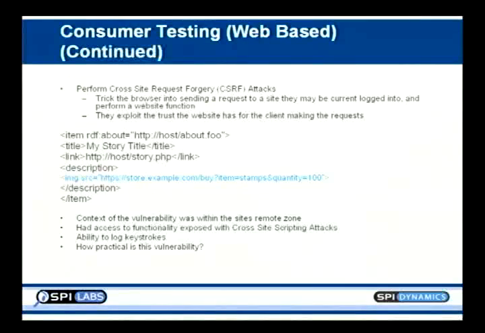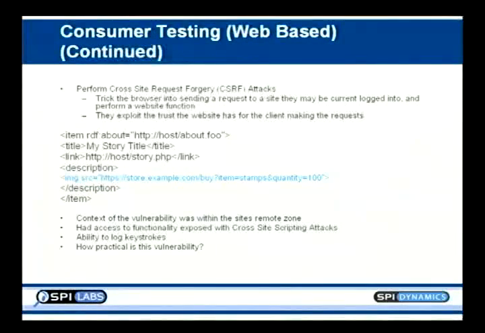So one of the things that's really starting to pick up this year that people are starting to talk about is cross-site request forgery. In a nutshell, if you're logged into, let's say, a bank, the bank knows that if it receives a request, as far as it's concerned, you're initiating it.